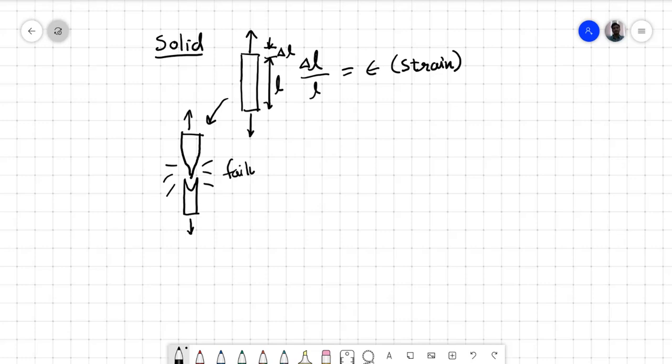Now let us consider a shear stress situation. Let's say there is a wall and you have a film of liquid here attached to the wall. We can identify the forces acting on this film.